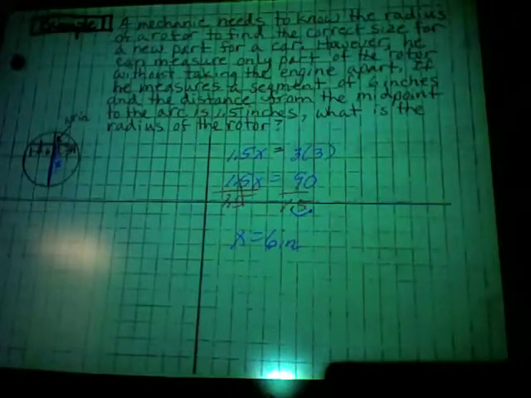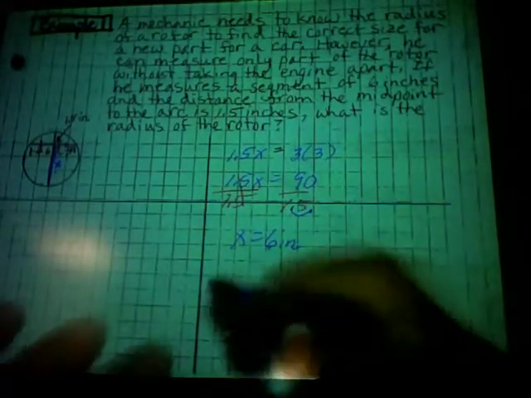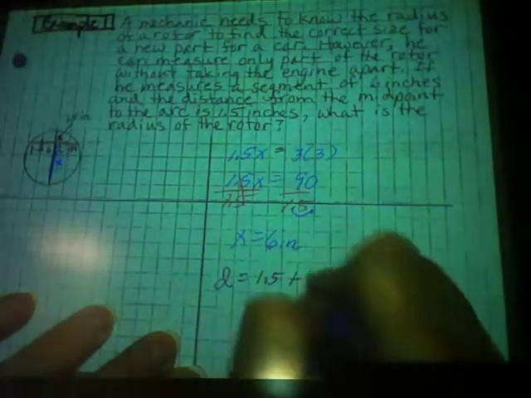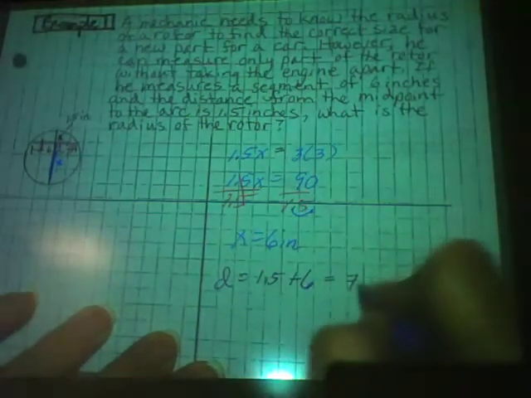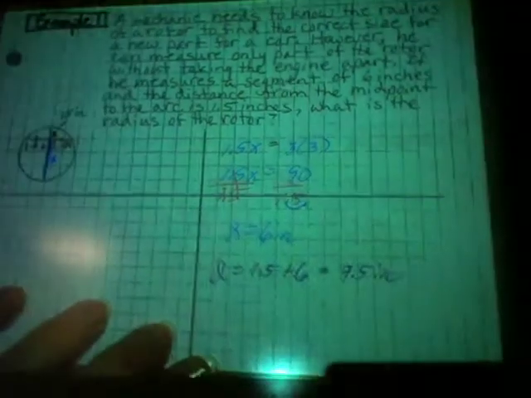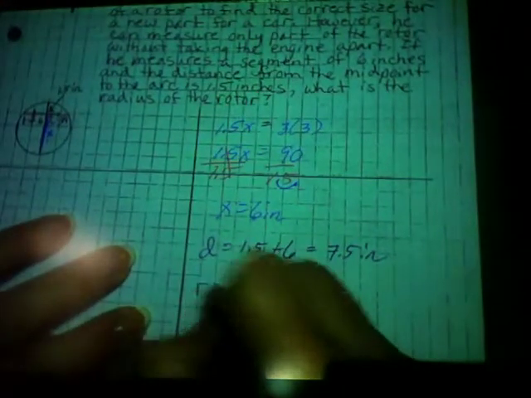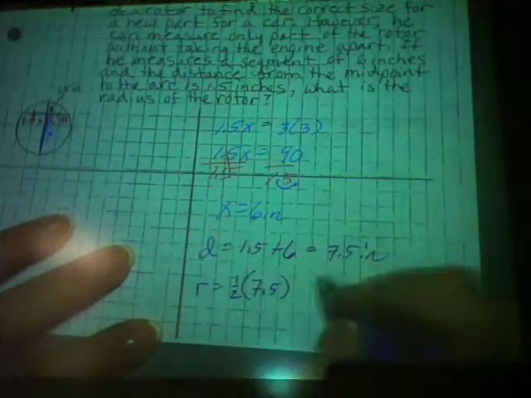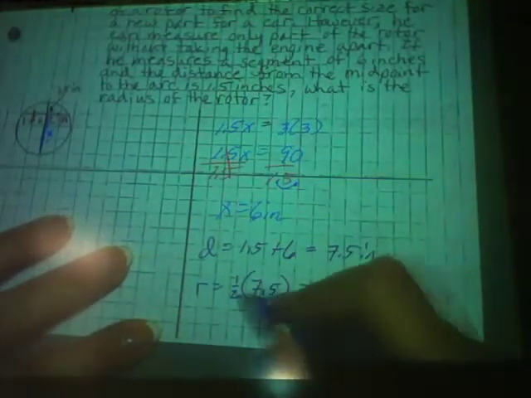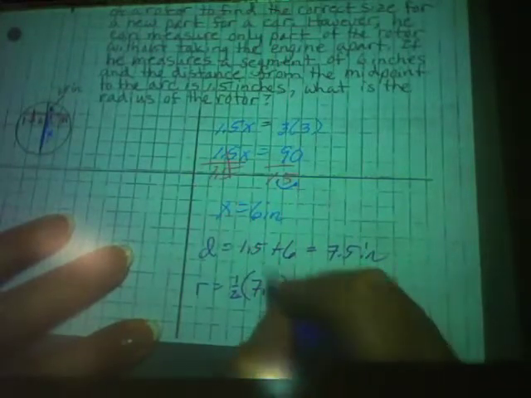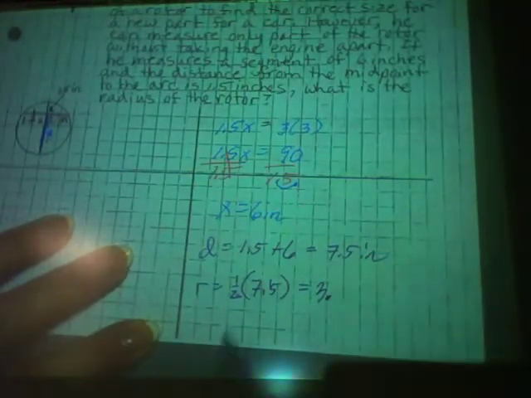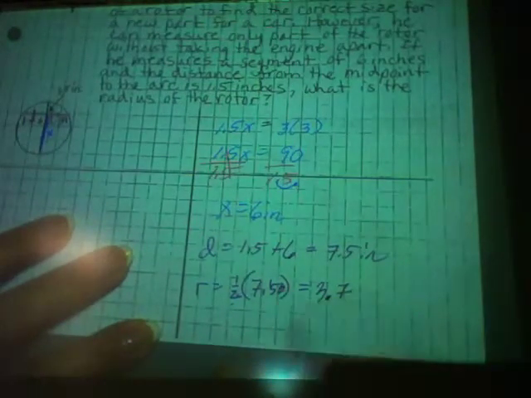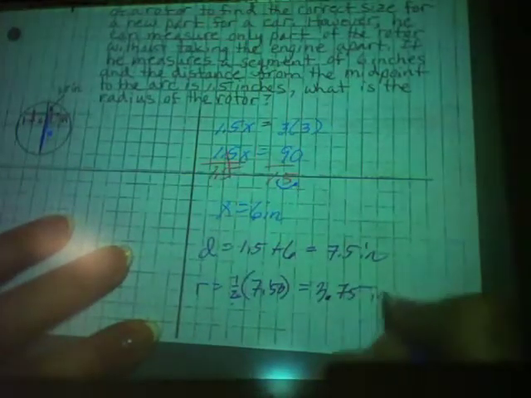No. So I need to find the diameter. So my diameter would equal 1.5 plus 6 inches, which is 7.5 inches. And then they want the radius, right? So the radius is half of 7.5, which 2 goes into 7 3 times, with 1 left over. 2 goes into 15 7 times, with 1 left over, and 2 goes into 10 5 times.